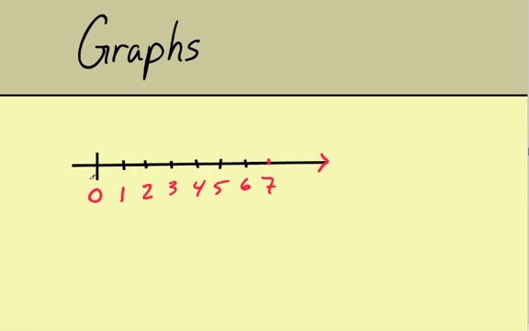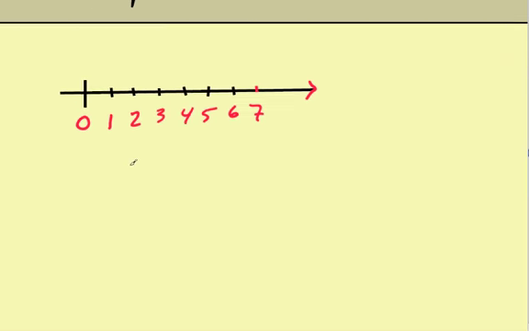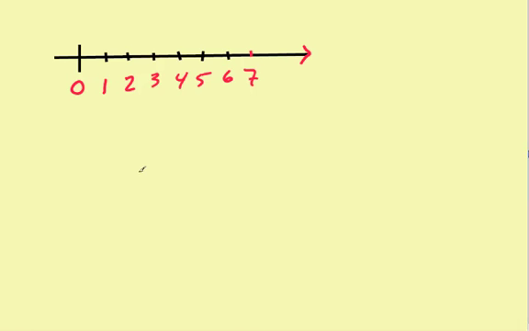Now, if we had, say, 2 of these number lines, we could create something very useful. So here we have our number line, and I'll go ahead and just write that. Here's our number line.